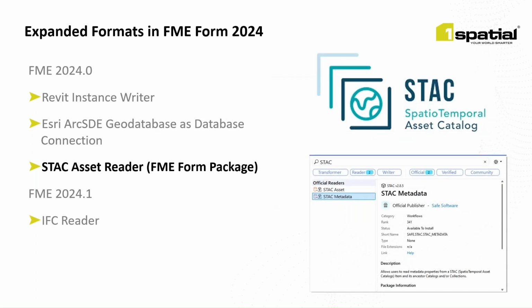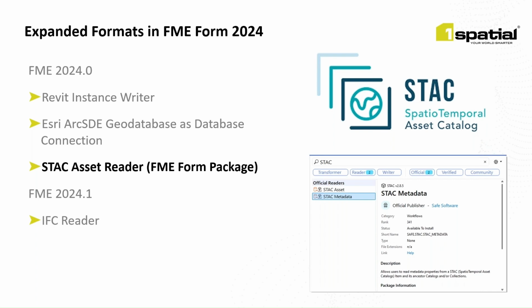We also have expanded functionality for STAC, and STAC is a JSON-based metadata library that provides a common structure for describing and cataloging spatiotemporal assets. In other words, any file that represents information about the Earth captured at a certain space and time. In 2024, there is a new package containing the STAC Asset and Metadata readers.